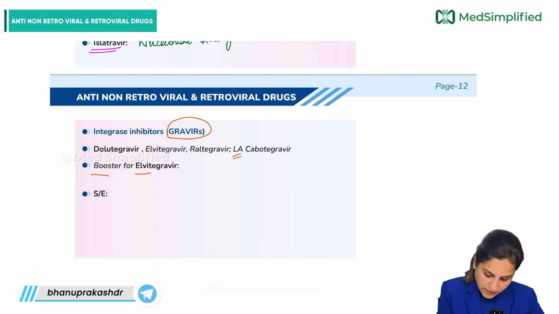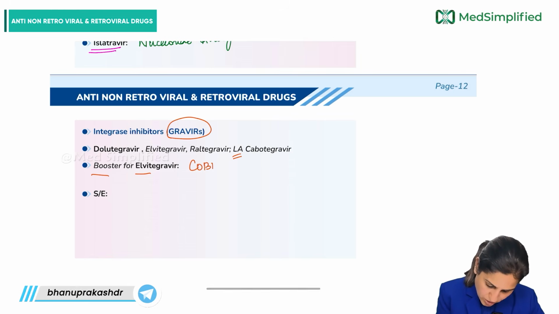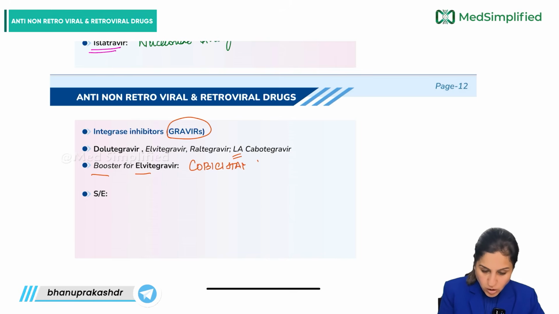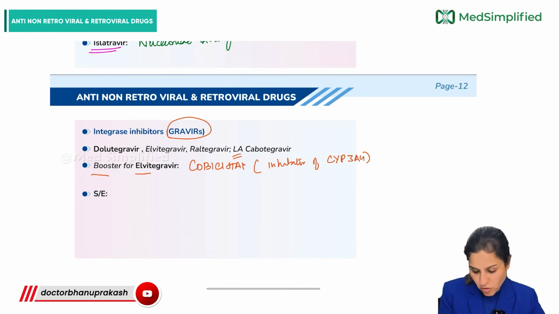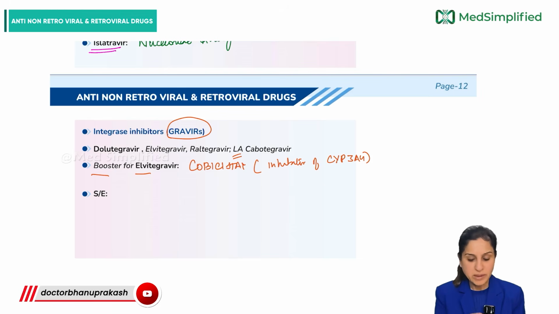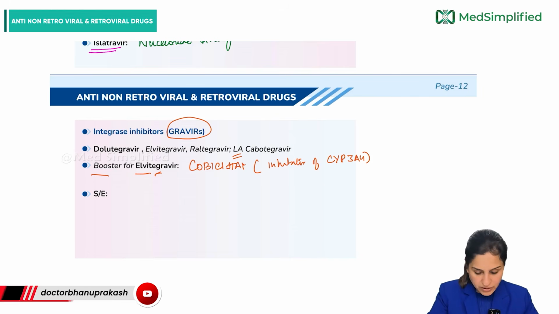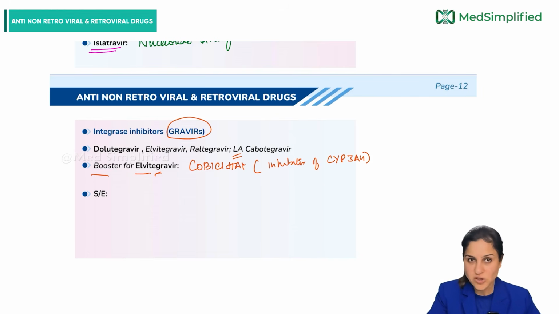Yes, we can give a drug called cobicistat. How it boosts? Because it is an inhibitor of an enzyme cytochrome P3A4, which is responsible for metabolism of elvitegravir. So if you inhibit this, there will be increased levels of elvitegravir for some time.